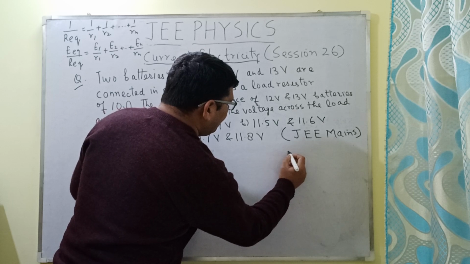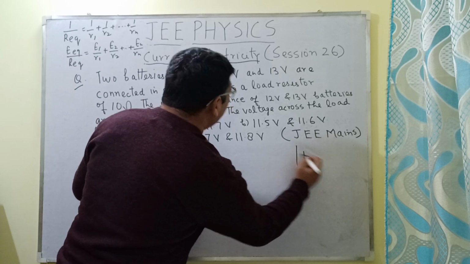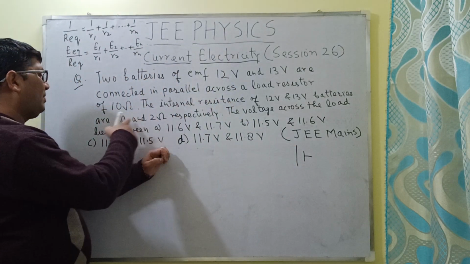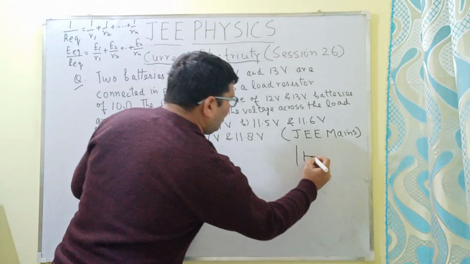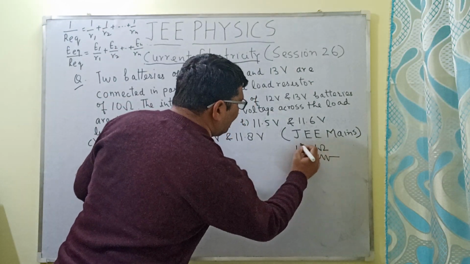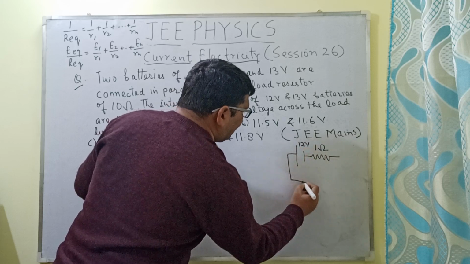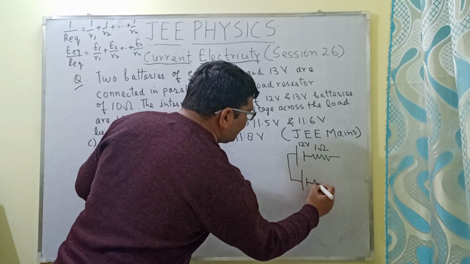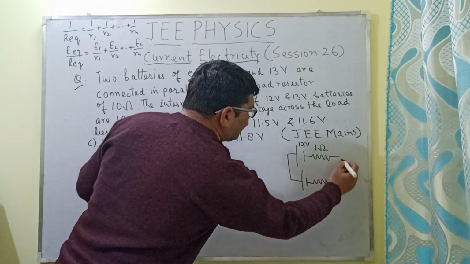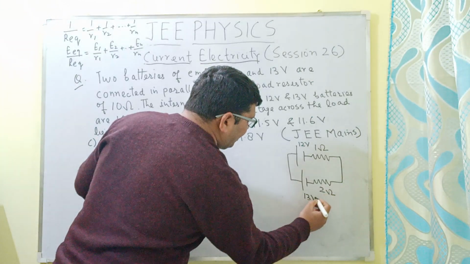This is one battery, let us say of 12 volt. It has an internal resistance of 1 ohm. So this is the internal resistance of this 12 volt battery, and it is connected in parallel to another battery which has an internal resistance of 2 ohms, and this is a 13 volt battery.